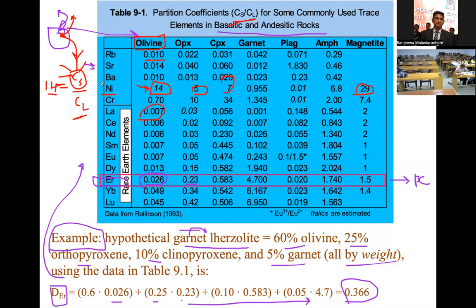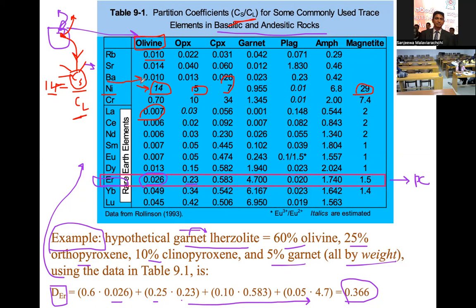So that means nickel prefers olivine a lot. Okay, during melting and also crystallization, nickel prefers olivine a lot. That means nickel is preferentially partitioned into olivine, and if you see barium, it's not going there that much, right?